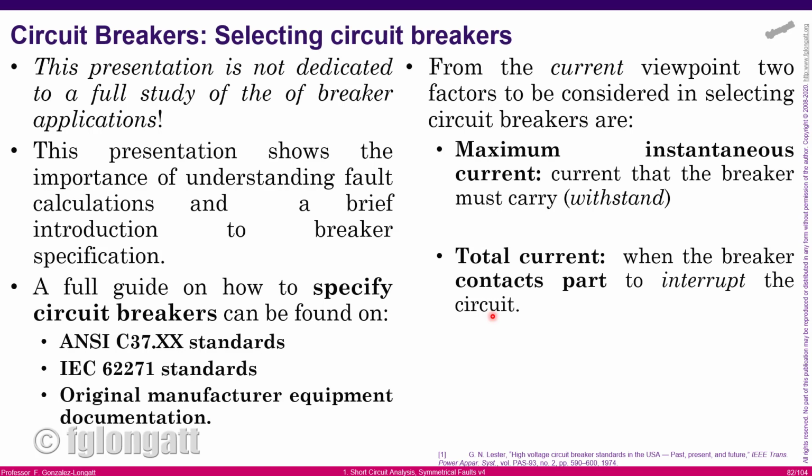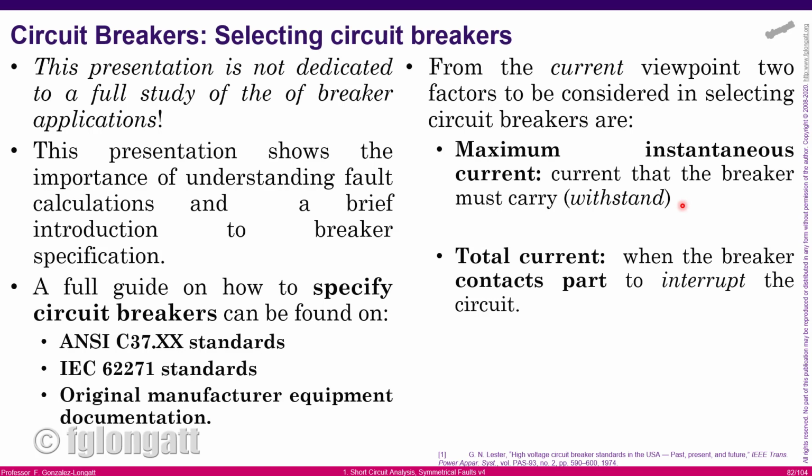I need you to understand that for any circuit breaker there are basically two important factors that you need to take into account. There is a maximum current that can go through the circuit breaker. If you remember, there is a DC component inside the short circuit currents that makes the instantaneous value of the current high.